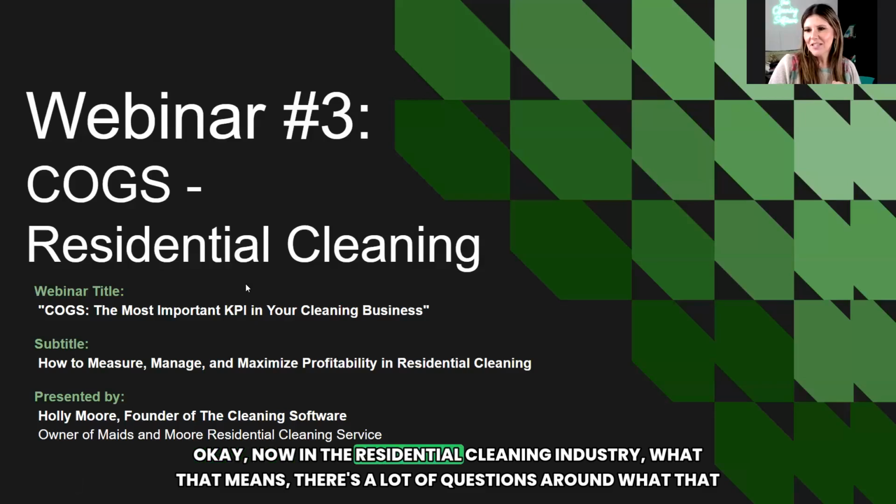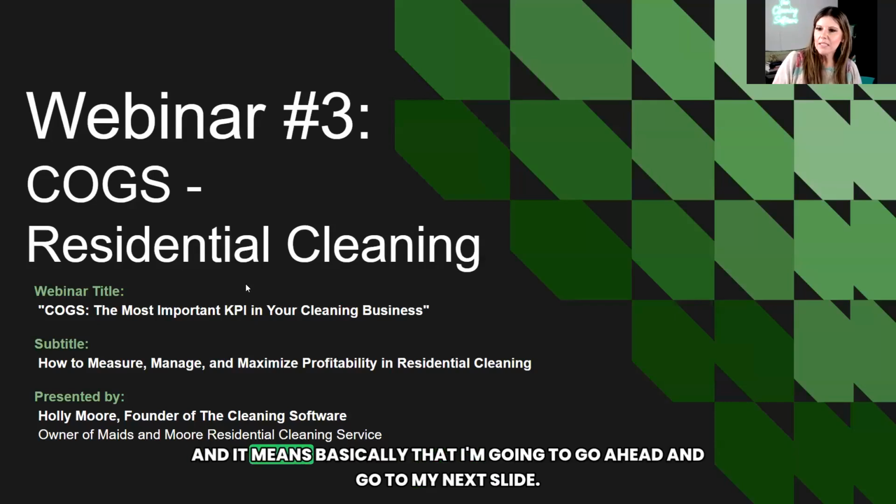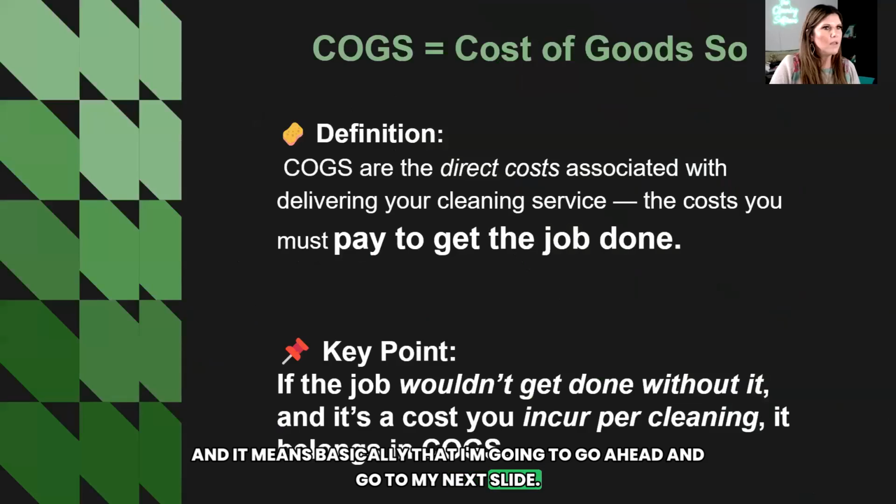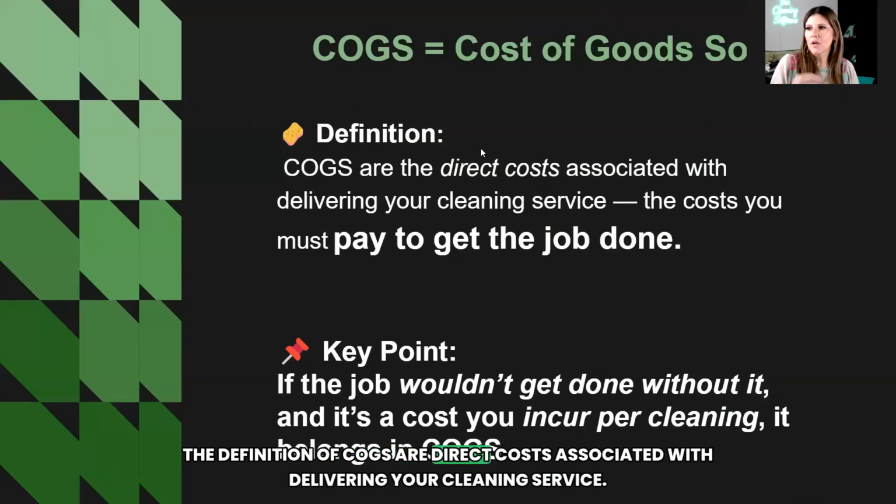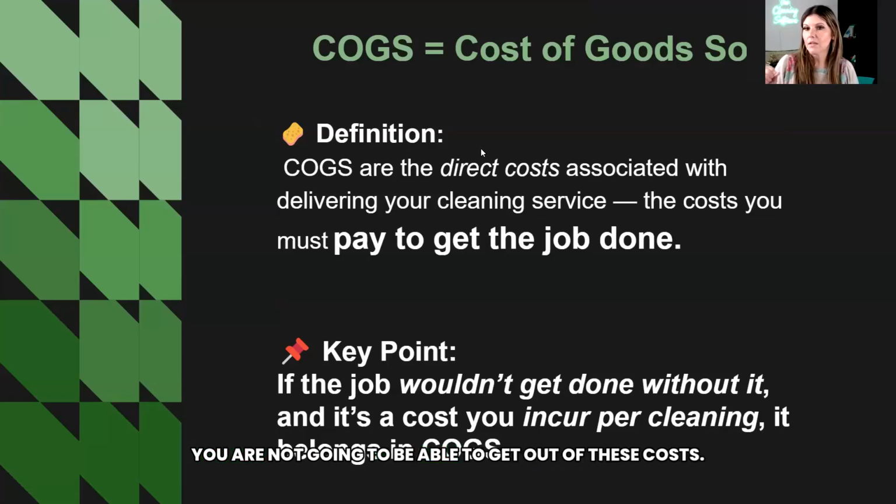Okay, now in the residential cleaning industry, there's a lot of questions around what that means. I'm going to go ahead and go to my next slide. The definition of COGS is a direct cost associated with delivering your cleaning service. You are not going to be able to get out of these costs.